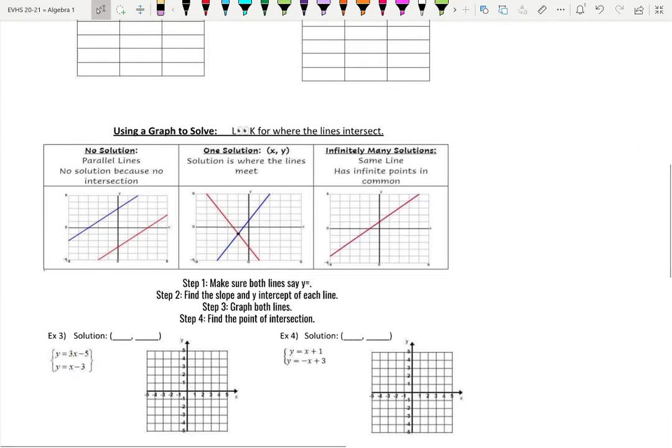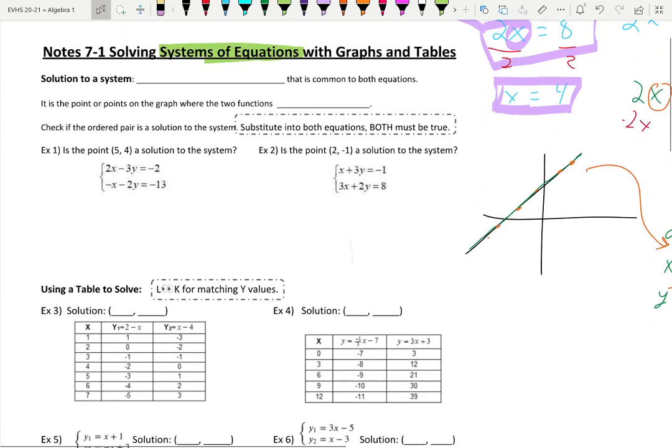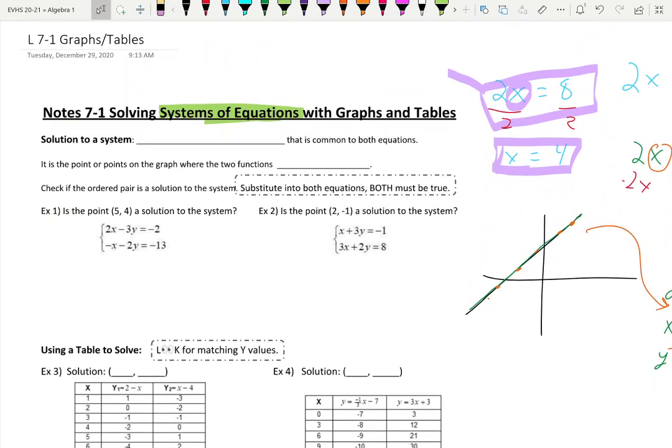Now, what you're going to notice this unit is we're going to start off today learning how to solve systems using graphs and tables. Then we're going to take a couple of days to talk about different ways of solving them using a method called elimination, a method called substitution, a method called matrices, and then we're going to spend the very last day talking about how to solve them when they're all mixed together.